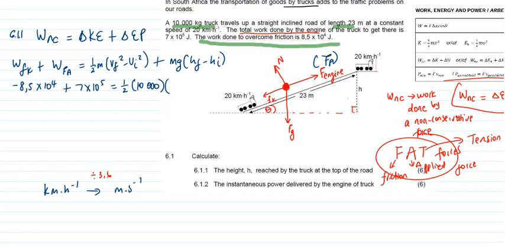Okay, so you can just divide by 3,6. So if you say 20 divided by 3,6, the answer that you get is 5,56.